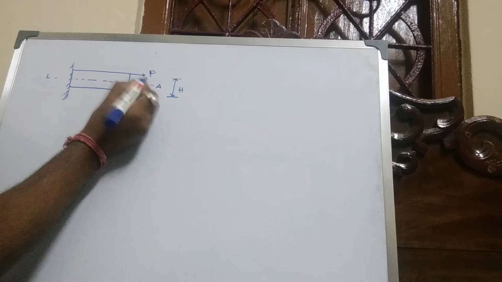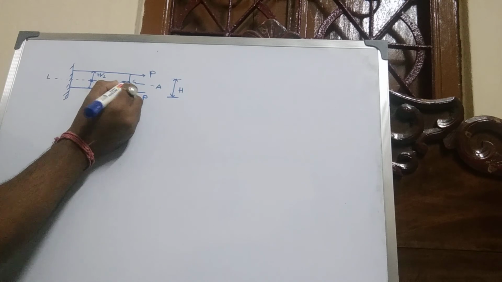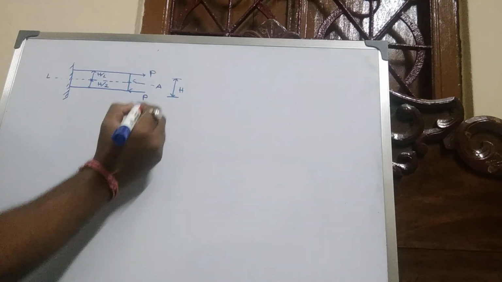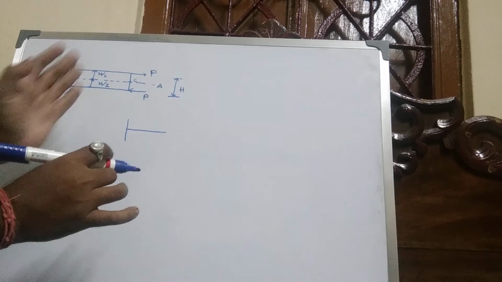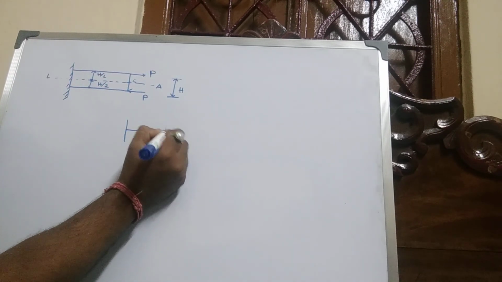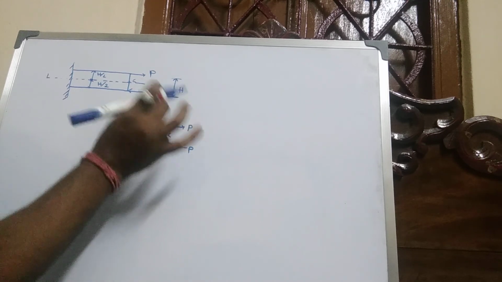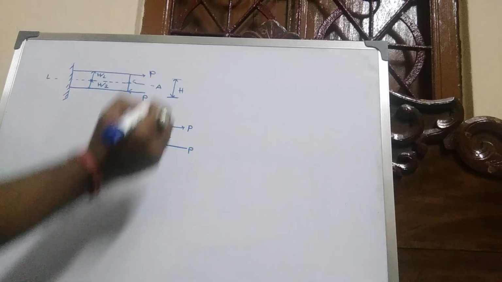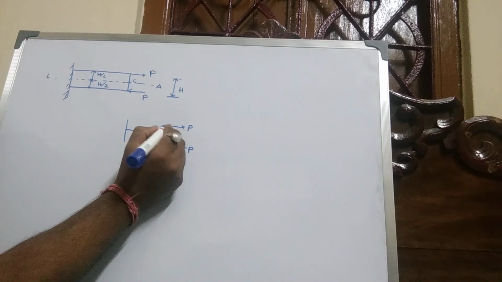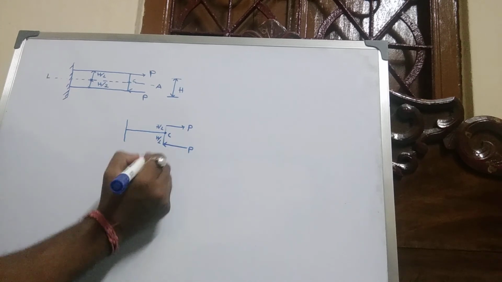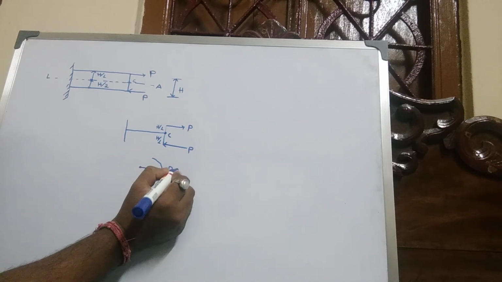There is a point C at the mid-height, H by 2 above and H by 2 below. Both P loads are transferred to point C. Here there is a direct force and a moment, P into H by 2.